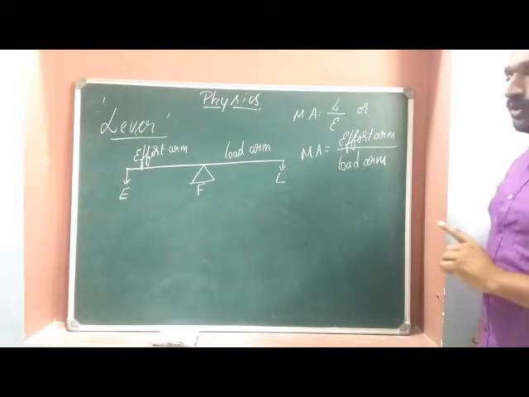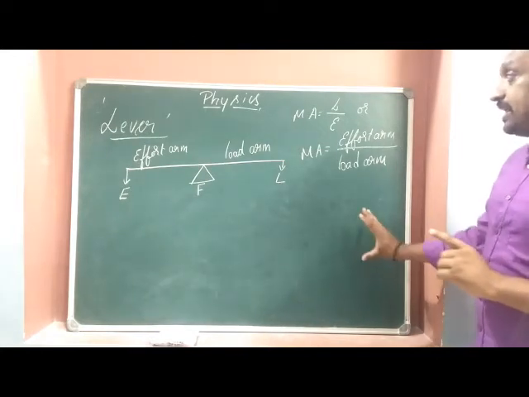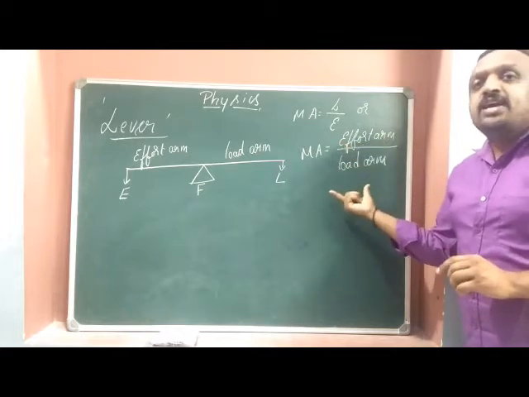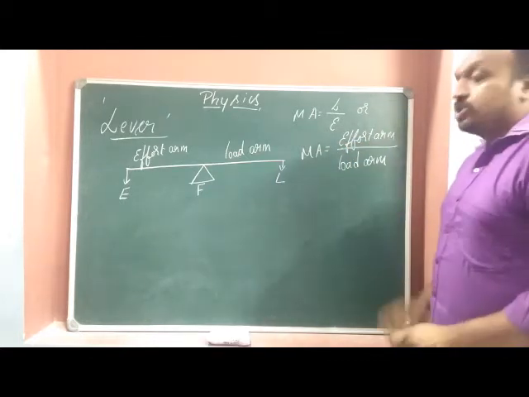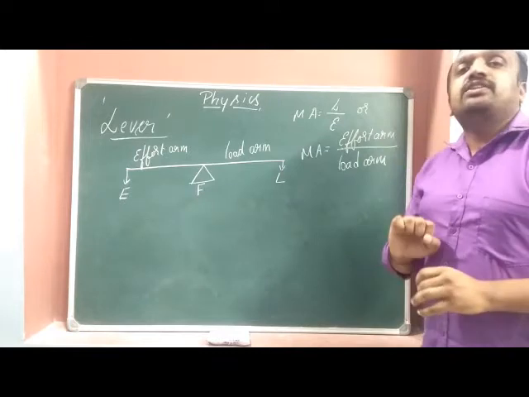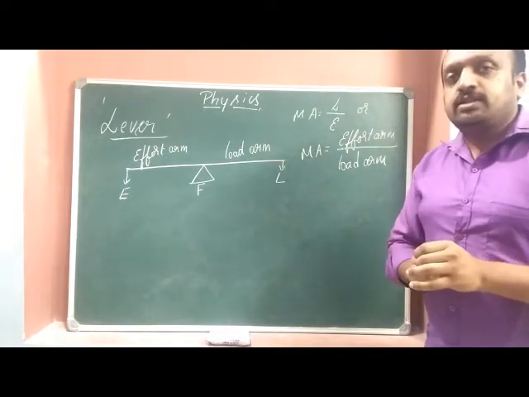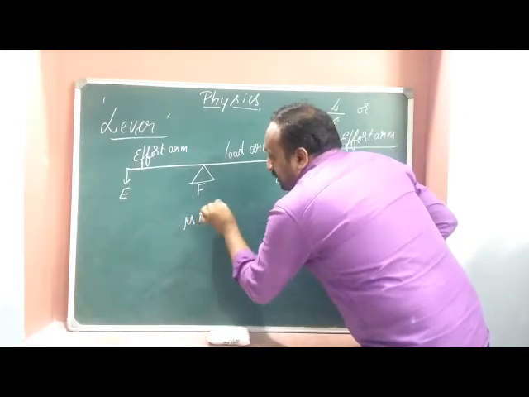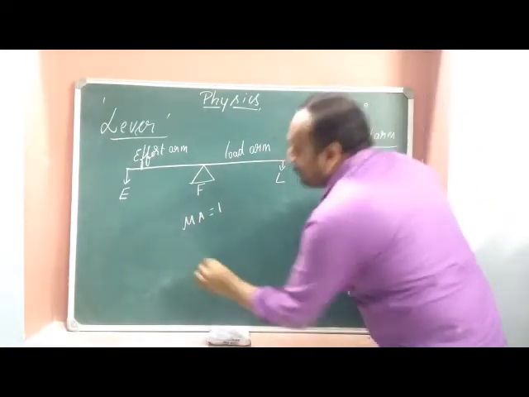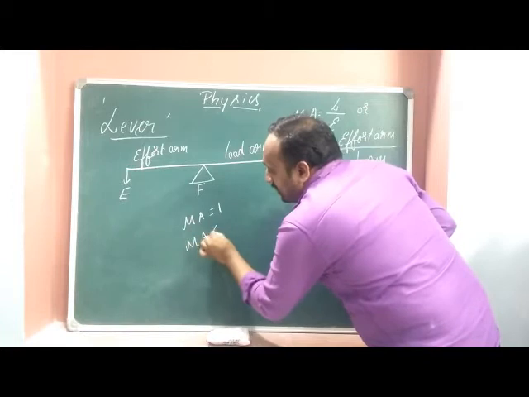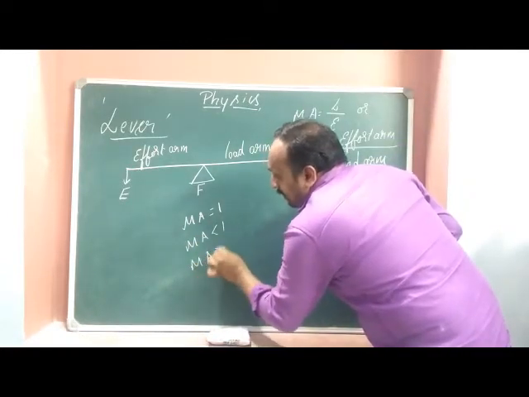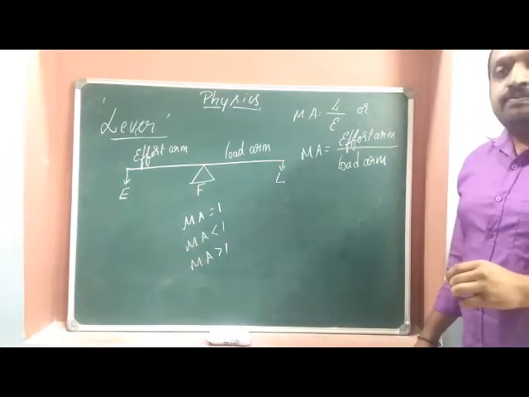Very important formula. So the mechanical advantage is equal to effort arm divided by load arm. So there are three conditions for this mechanical advantage. Which are those? Mechanical advantage equal to 1, mechanical advantage less than 1, or mechanical advantage greater than 1.